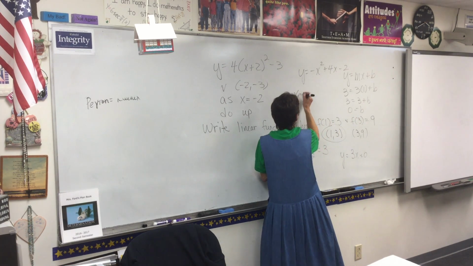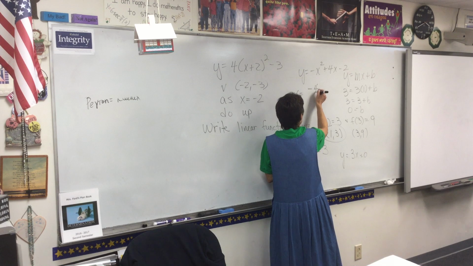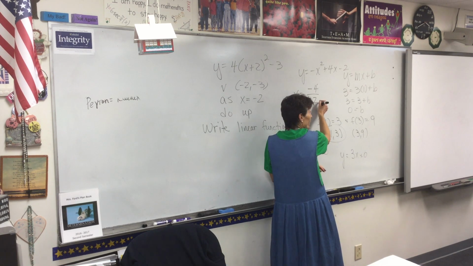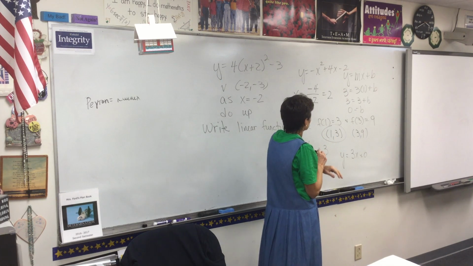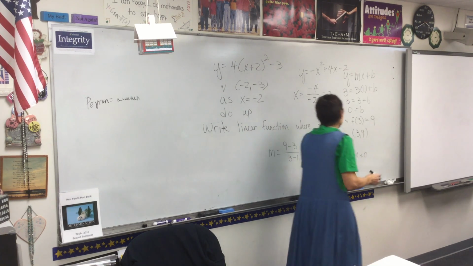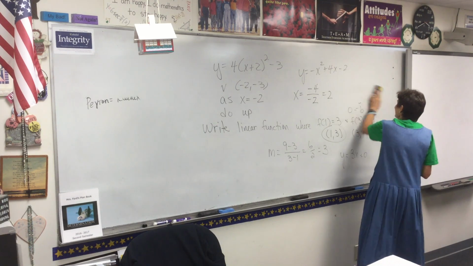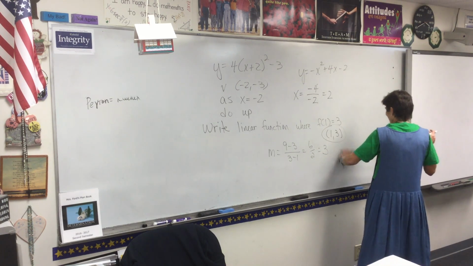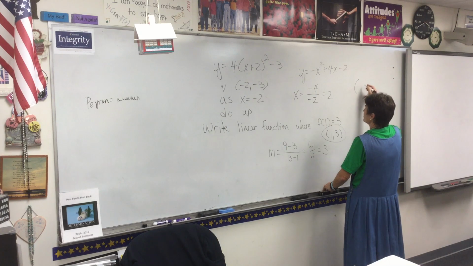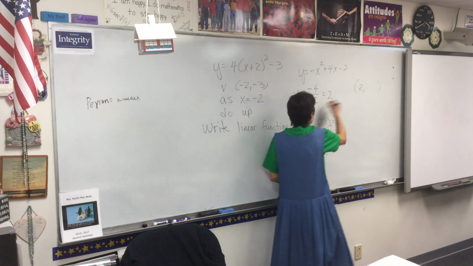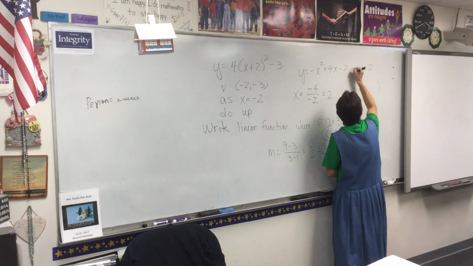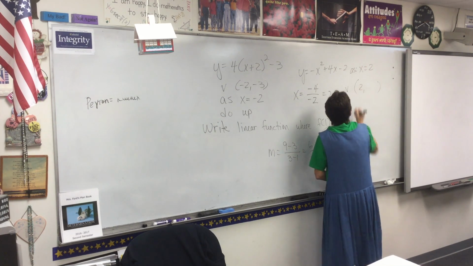I could say x equals -b over 2a. And then we can plug it in. So if the x is 2, my axis of symmetry would be x equals 2.